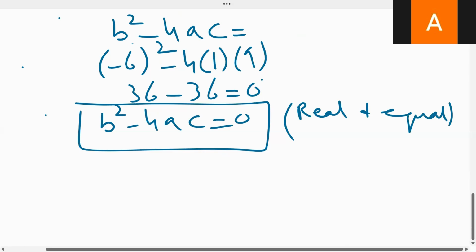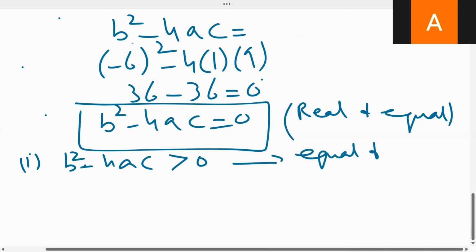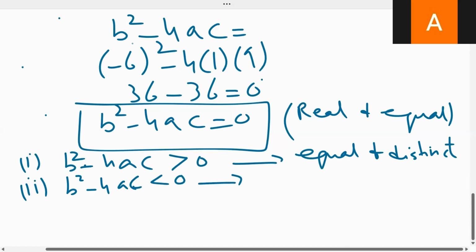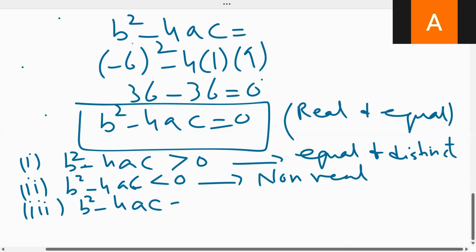So you have to memorize these three conditions. B square minus 4ac is greater than 0. It means roots are real and distinct. Secondly, when b square minus 4ac is less than 0, then roots are non-real, or at times we write no roots. Or b square minus 4ac is 0.